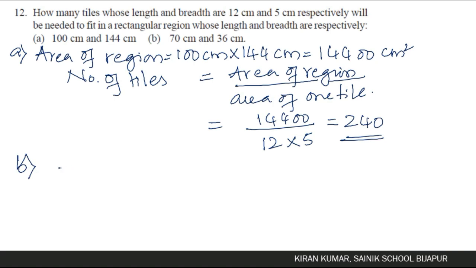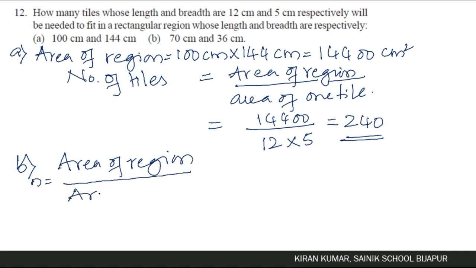For the second one, area of the region, I'll directly find the number of tiles as n, area of the region divided by area of tile.